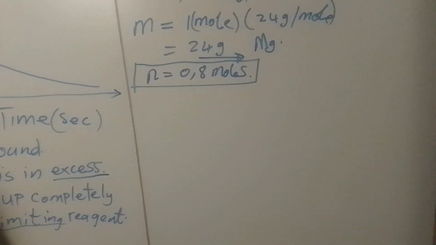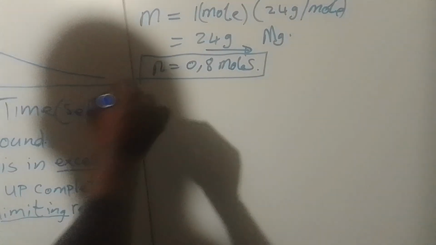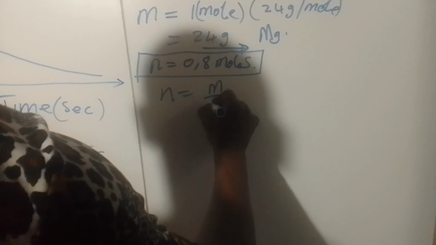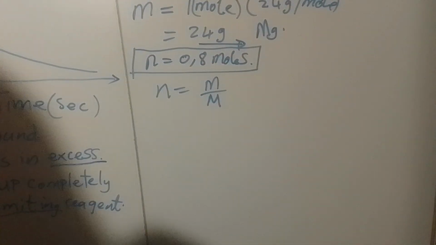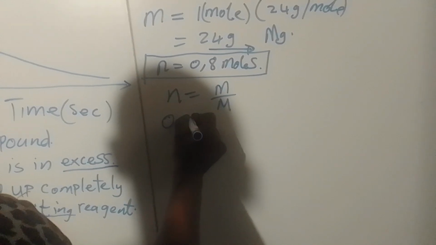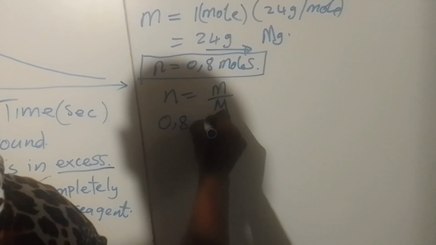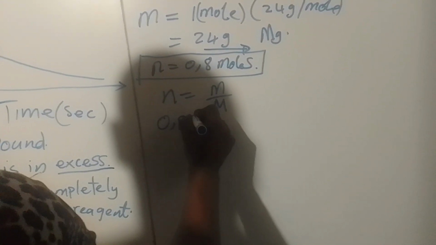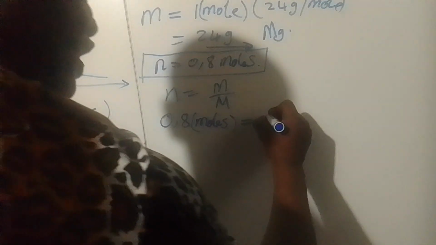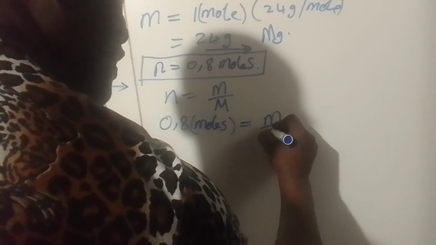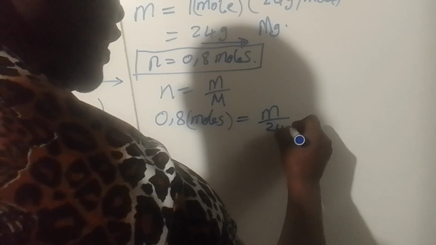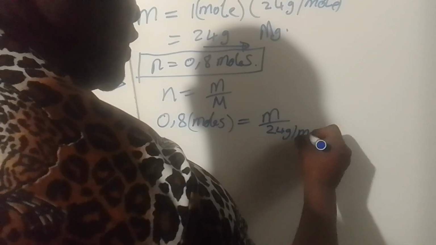Now we calculate the grams here. We say that n equals m over M, the capital letter M. Now we will have 0.8 moles of magnesium is equal to the unknown over the relative atomic mass, which is 24 grams per mole.